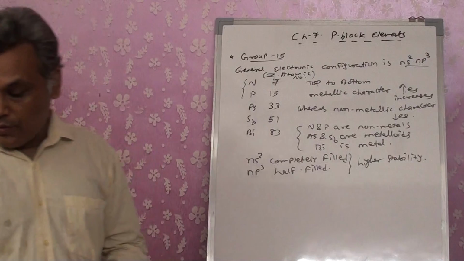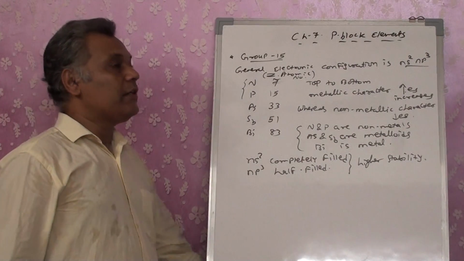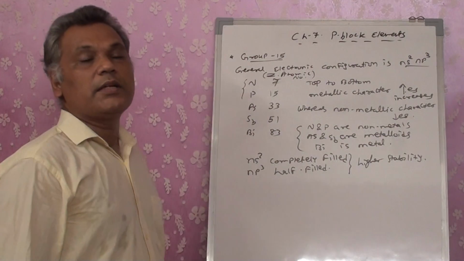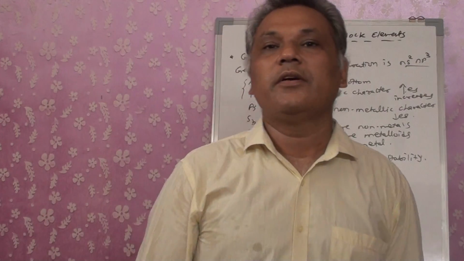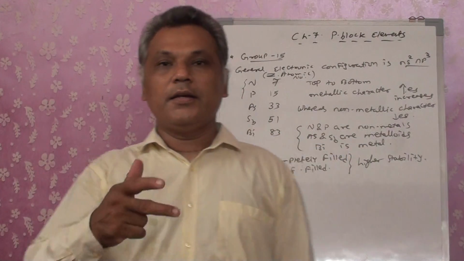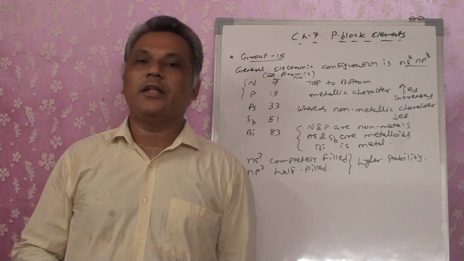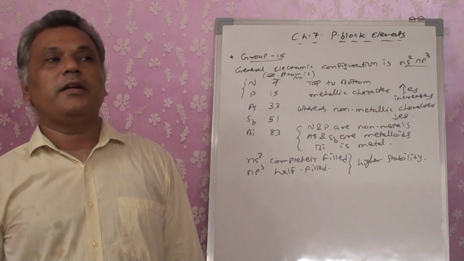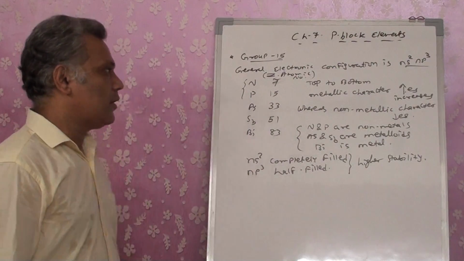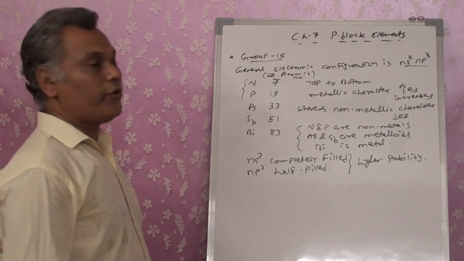Okay, now let's take one by one the trends that we want to discuss. The trends are related to atomic and ionic radii, ionization energy, electron gain enthalpy, and electronegativity, right? One by one we'll discuss them and try to find out what is going to happen.